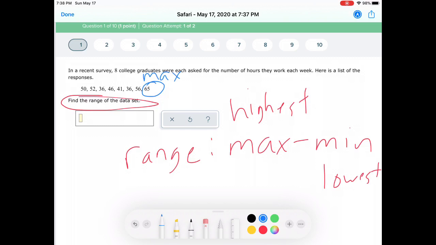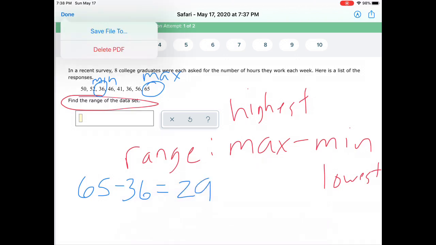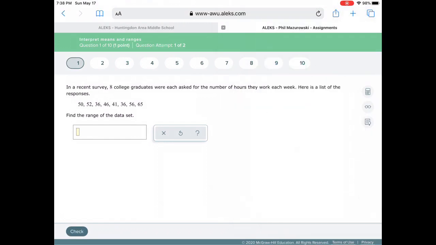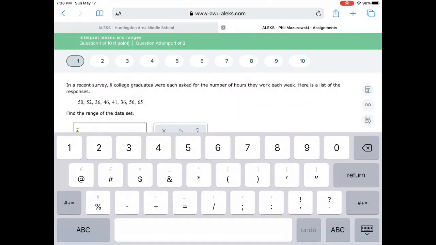It doesn't matter how many times 36 appears, it's the lowest number that we have. So in order to find the range, we take 65 minus 36 and get 29. So I'm going to go ahead and put in 29 for the answer here.